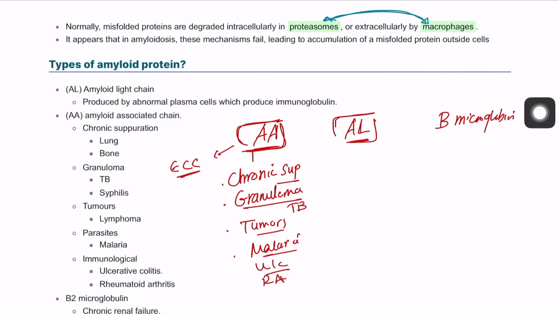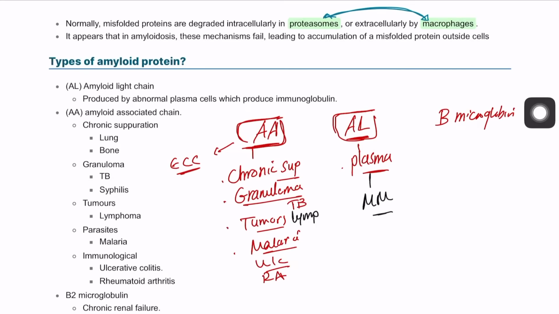Amyloid light chain protein: the cause is completely unknown, but it forms mainly from the plasma cells. That's why the commonest type is multiple myeloma rather than lymphoma. Know here that lymphoma as a tumor is the commonest one, but for amyloid light chain protein, it's multiple myeloma.